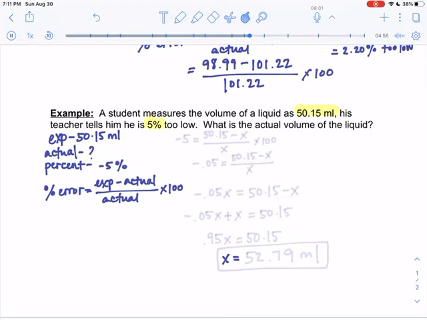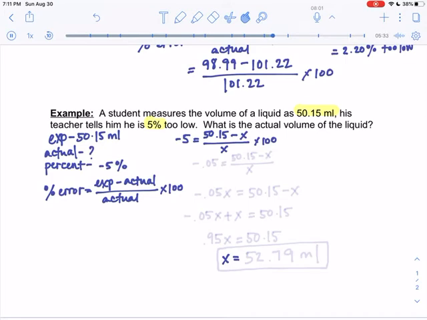So we have negative 5 is equal to 50.15 minus x, considered x, times 100. Now, to solve this problem, we want to isolate the x on one side of the problem so that we can solve for x. To do that, we're going to have to divide by 100.